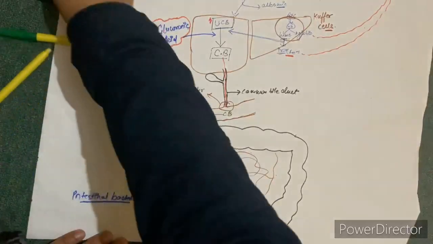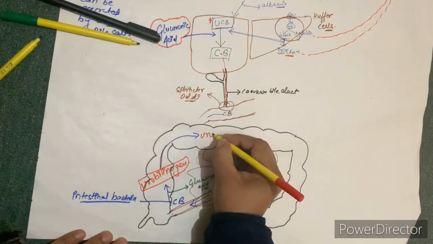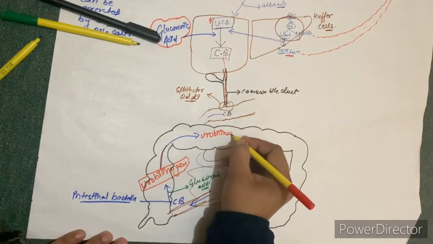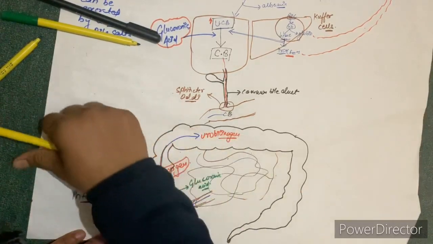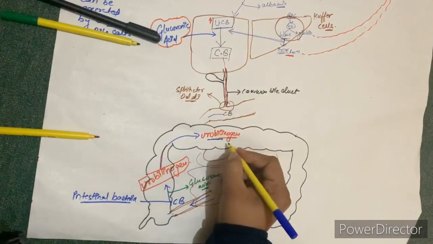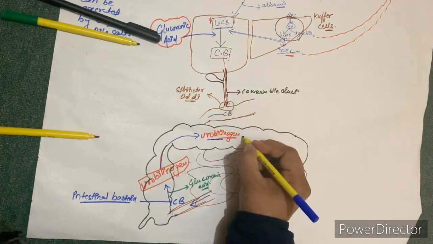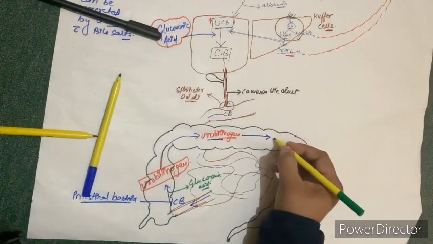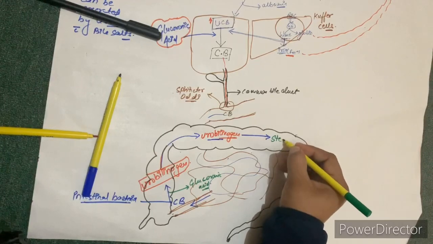Then urobilinogen travels in the large intestine. Here, as you know, this urobilinogen is also lipid soluble, so it is again converted into stercobilin.